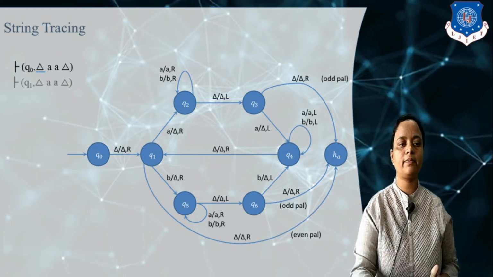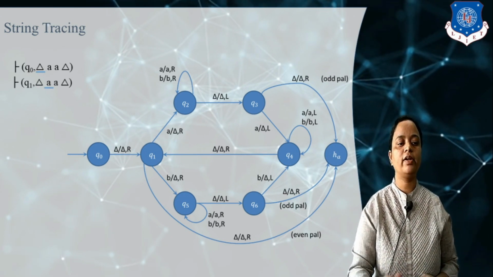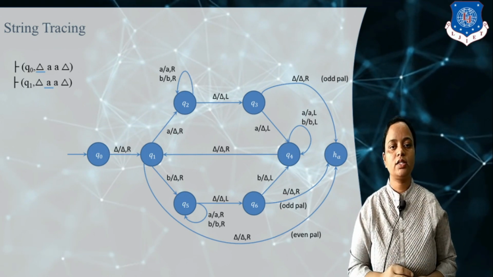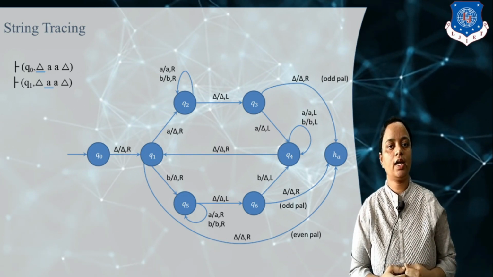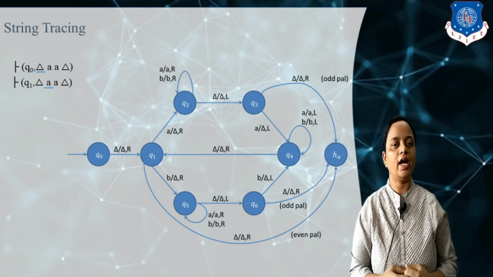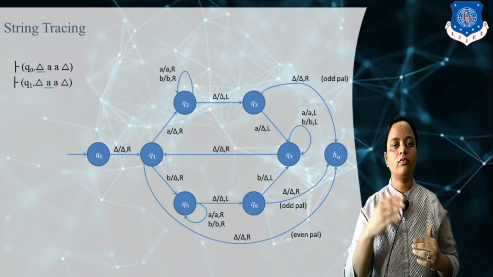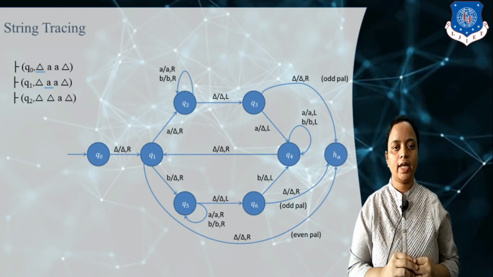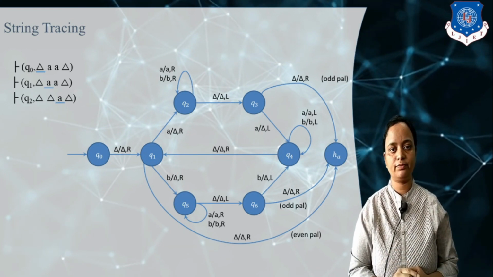So my next step is state q1 and my tape head is pointing to the A. Now at q1 the input symbol read is A. So at q1, A is replaced by delta and we move to the right direction. For this we change the state from q1 to q2. So my state is q2, A is replaced by delta and my tape head moves to the right.